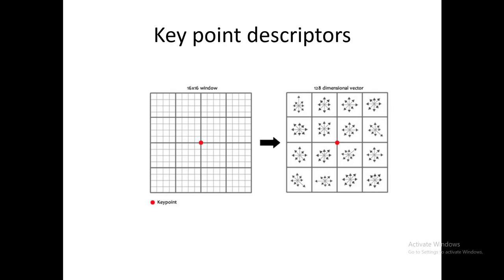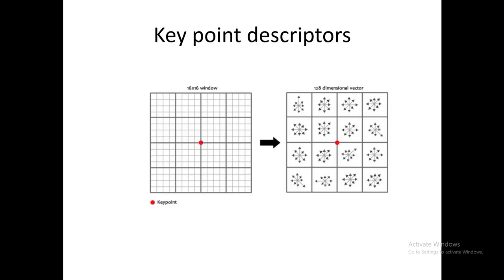As we have seen, the orientations are placed into the 8 bin histogram. Orientations in the range of 0 to 44 degrees are added in the first bin, 45 to 89 add to the next bin, and so on.